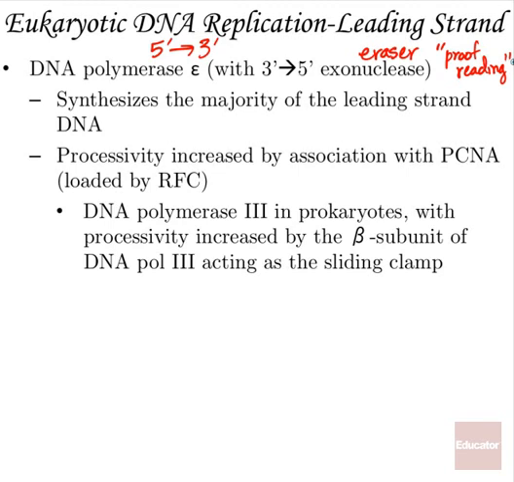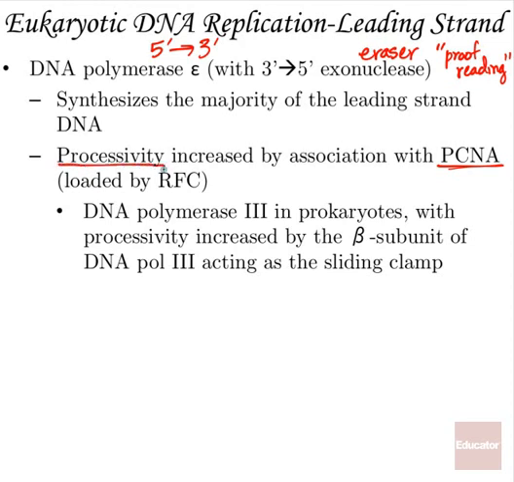And the processivity of this enzyme is increased by its association with PCNA, which is the sliding clamp, and it's called the proliferating cell nuclear antigen. This PCNA is loaded by RFC, which is replication factor C. So what is processivity?